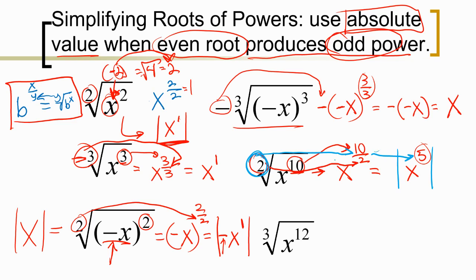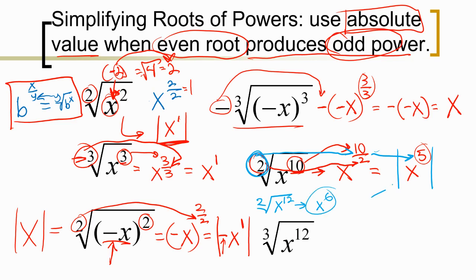Now, if it was like the square root of x to the 6th, and the result turns out to be, let's do 8. So the result turns out to be x to the 2nd. We don't need the absolute value bars because this is even, and the even will take care of making things positive. So if this was to the 12th, and my answer was x to the 6th, I don't need the absolute value bars.